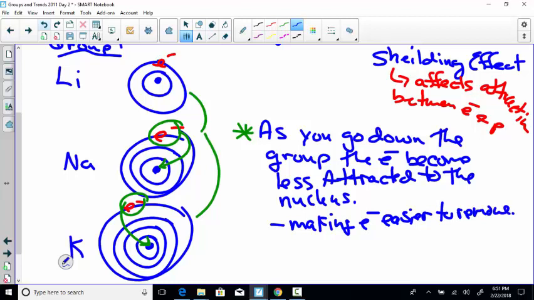Okay? So as I go down a group, there's a couple of different things that are in play here. Number one, our electrons are getting further away from the nucleus. And so they're getting less attracted. And then number two, we have more and more shields happening. So we have more shielding from the nucleus.